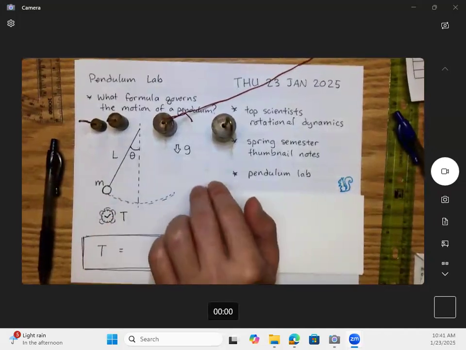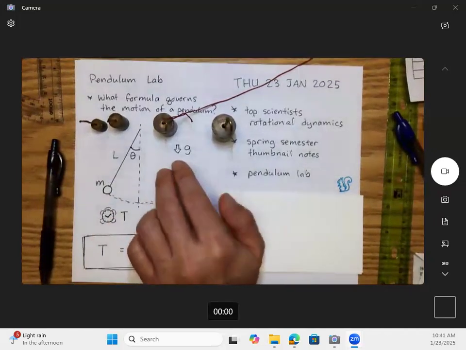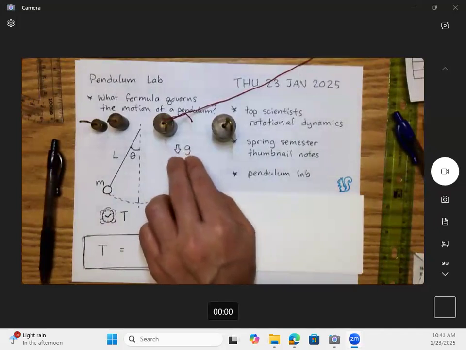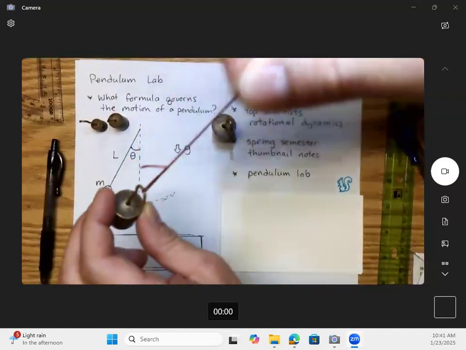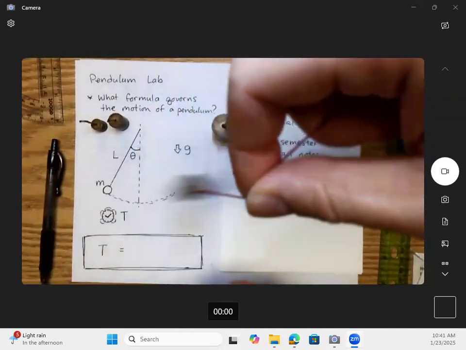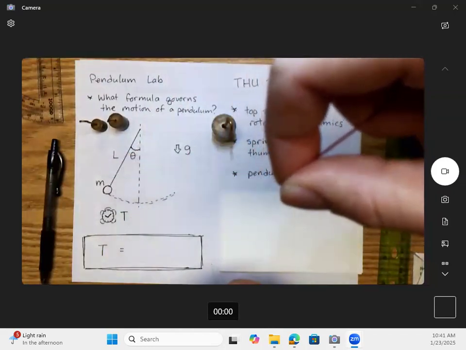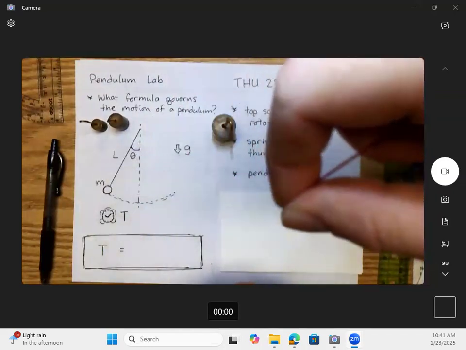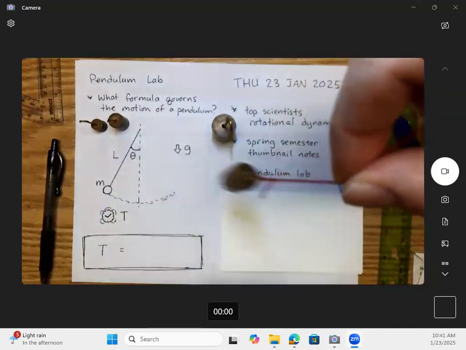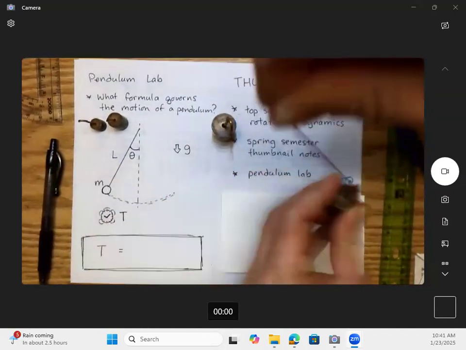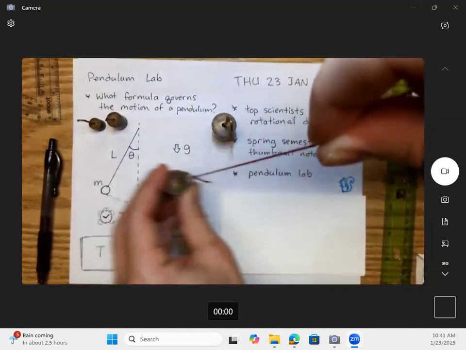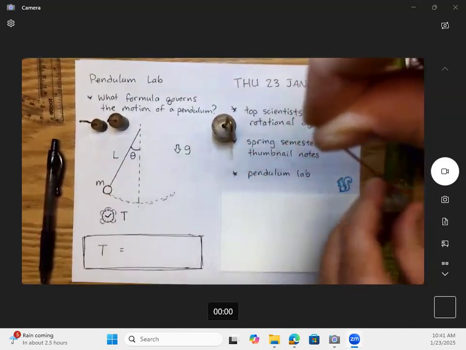All right. Now there is another potential independent variable that we're not going to investigate, and that's the gravity field. Okay. Here, we'll do some thought experiments, guys. If I took this pendulum to the moon, now on the moon, is there a little bit of gravity? Yeah, a little bit, but it's really tiny, right? It's like 1/6 of Earth's gravity. So on the moon, it would swing back and forth really slowly, right?